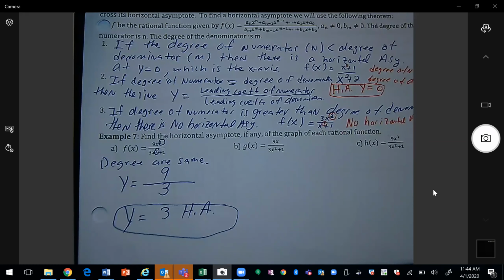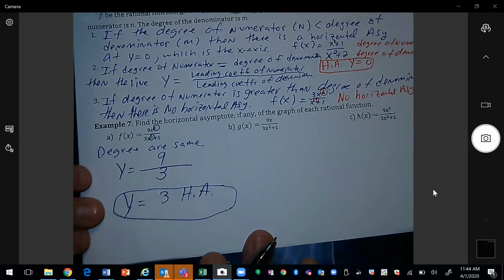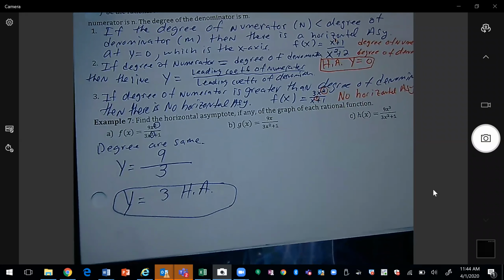Any questions on that? Do you just do like what happens to the +1, or the other number in the denominator? Does it just not apply at all? Yeah, when you're looking for the horizontal asymptote, it won't apply. We don't need it for anything at that point.